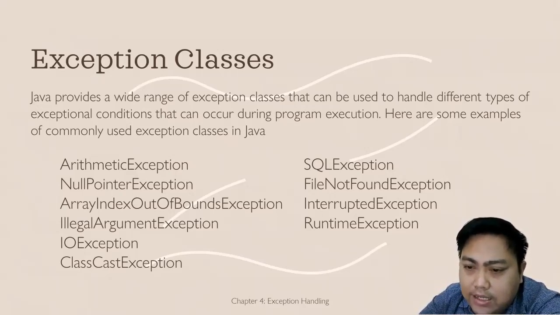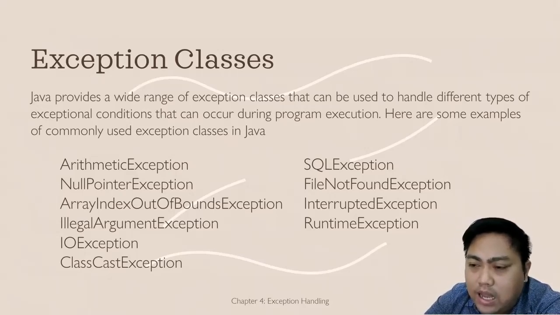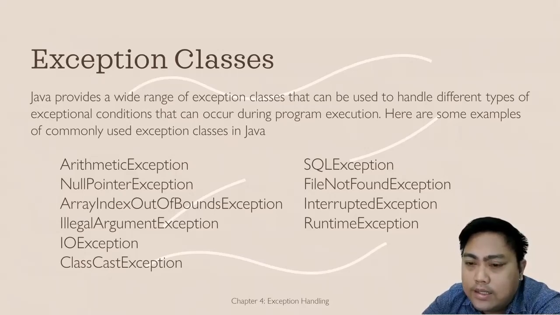Aside from array index out of bounds, we have IllegalArgumentException. This is thrown when an illegal argument is passed to a method. An example of an illegal argument is when a particular method has two integers as its parameters, and we try to pass strings as arguments.